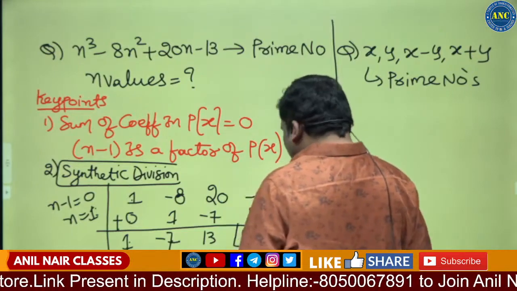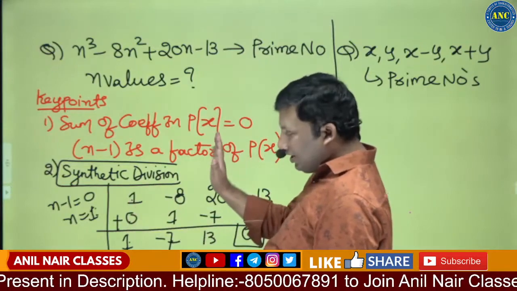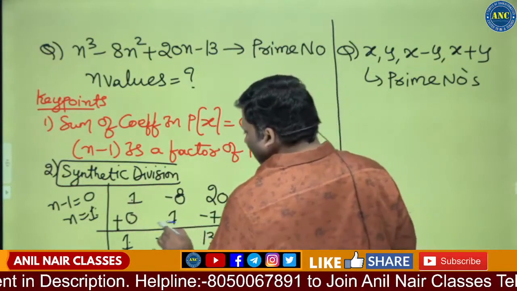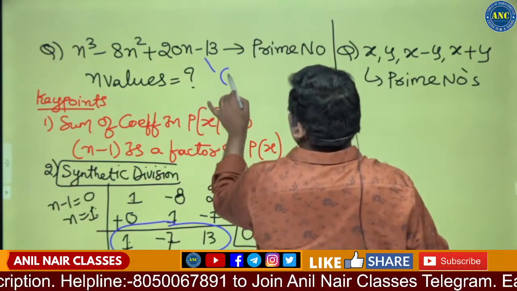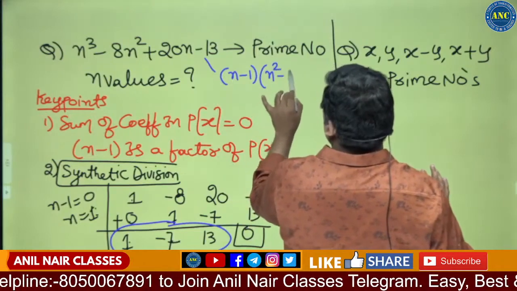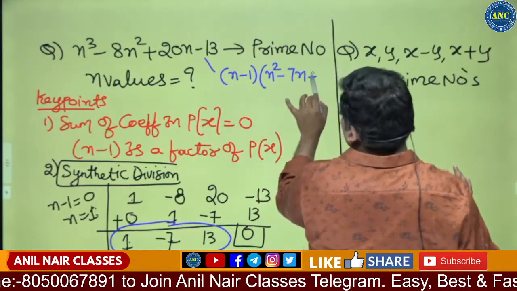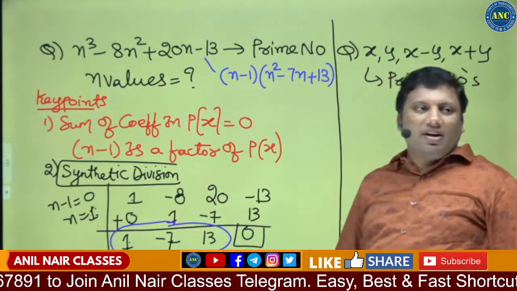If the remainder is 0, that means n minus 1 is a factor. Definitely it is a factor. So what is remaining? It is n minus 1 into n square minus 7n plus 13.